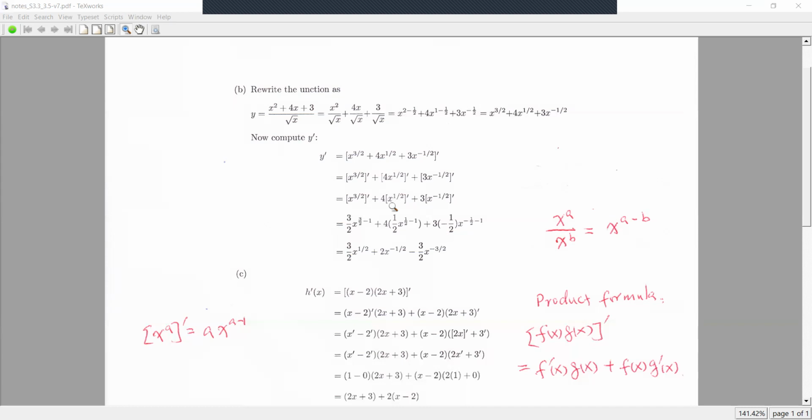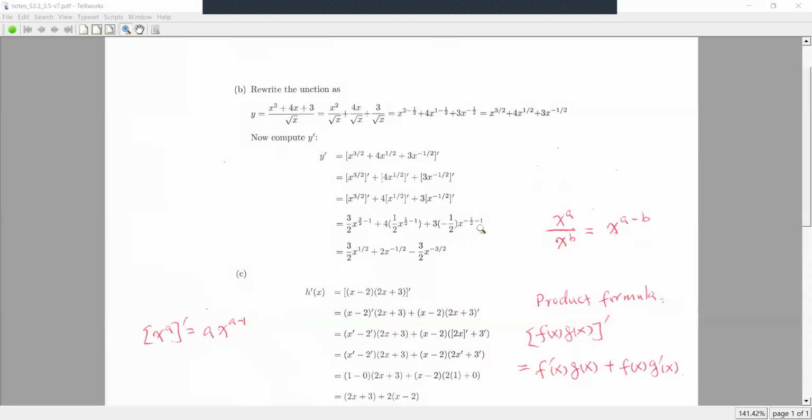Derivative of x to 1/2 is 1/2 times x to 1/2 minus 1 by this formula. Derivative of the power function x to negative 1/2 is negative 1/2 times x to negative 1/2 minus 1 by the same formula.